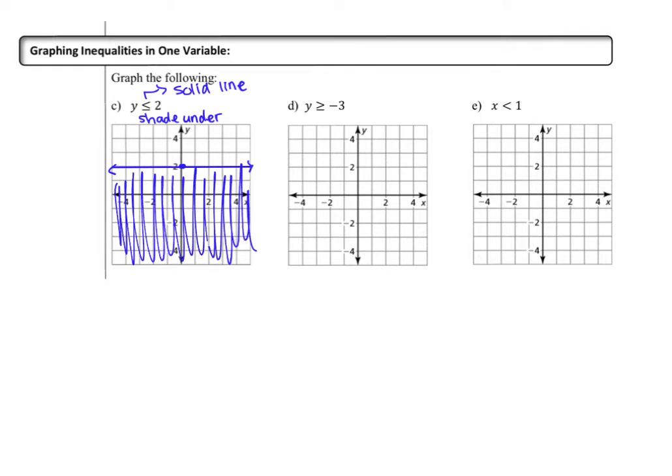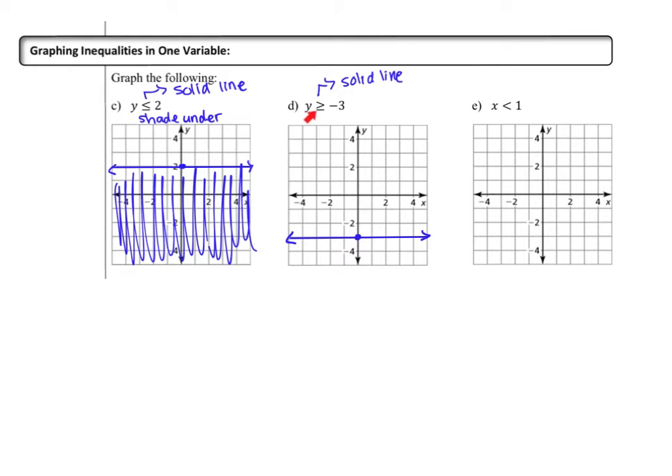Now let's look at letter D. We have y is greater than or equal to -3. So greater than or equal is another solid line, but this time on the y-axis, we're going to draw a line through -3. So here's -3. You're going to draw your line through -3 on the y-axis.